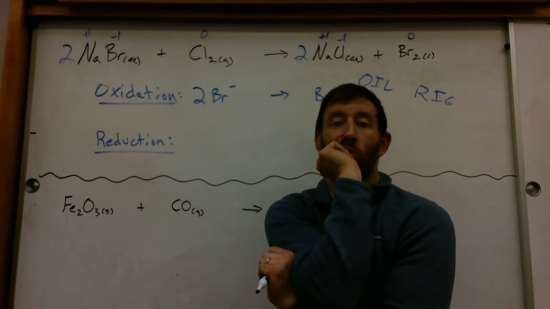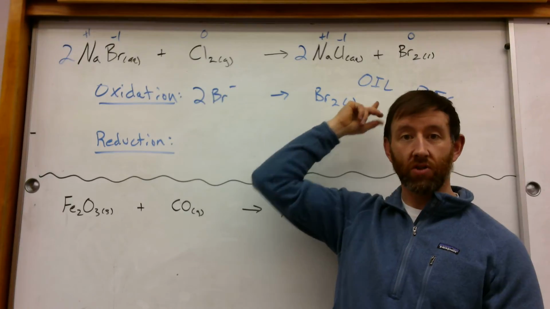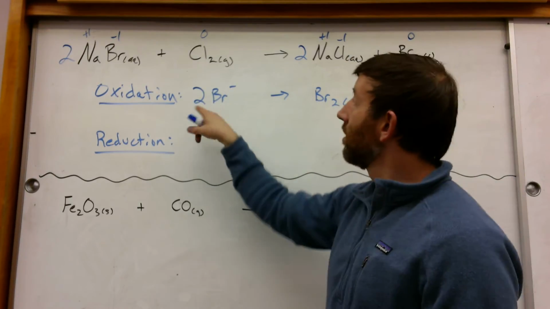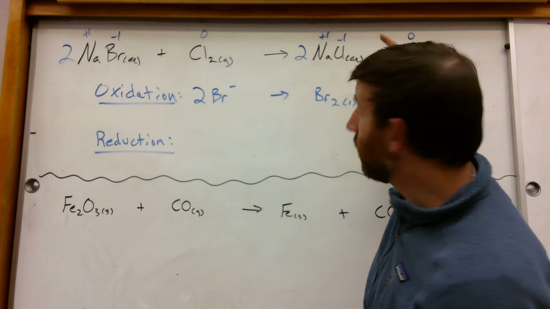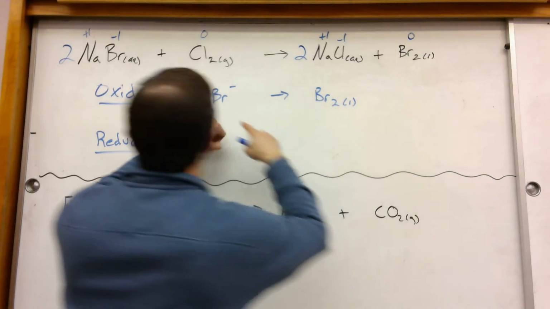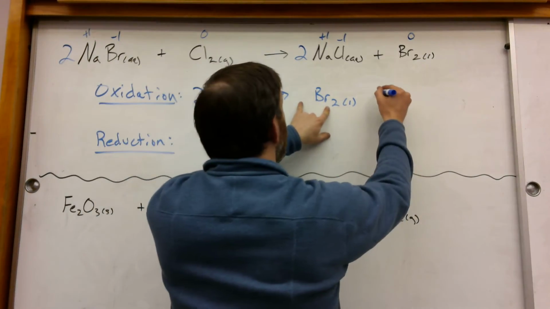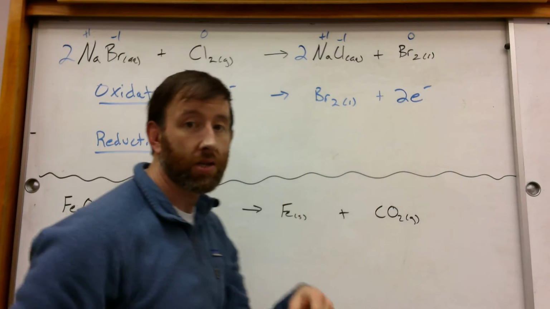In order to be oxidized, we're saying that oxidation is loss of electrons. And the way we write that is, on this side, bromine is in its elemental form, right? So these two bromine ions became that bromine molecule, all right? And in doing so, 2 electrons were lost there, okay?